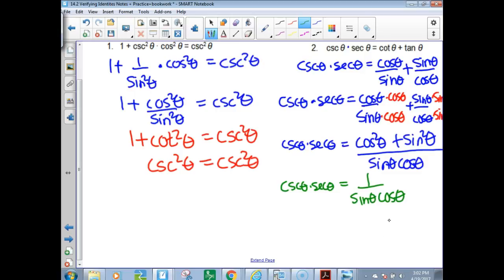Okay, and then I can show that I know I can use the properties of fractions and separate one fraction times the other fraction like this. That would be equivalent to this. That's cosecant, and that's secant.